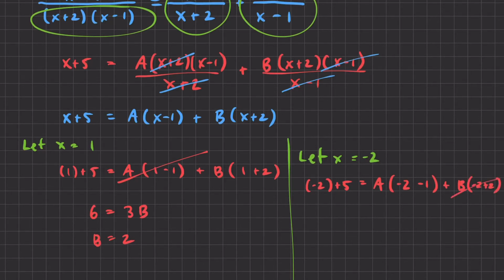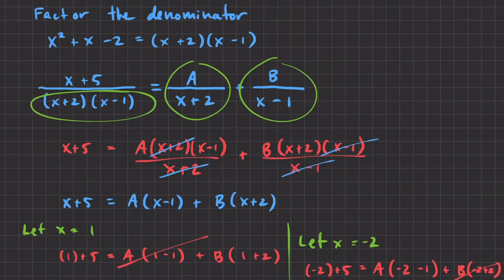And this disappears because negative 2 plus 2 is 0. 0 times b is 0. And I'm left with, well, negative 2 plus 5 is positive 3. I get 3 equals a times negative 3. Or in other words, a is equal to negative 1.